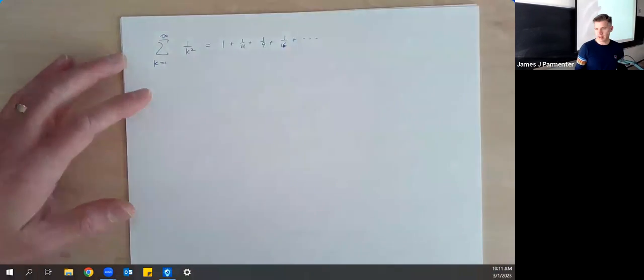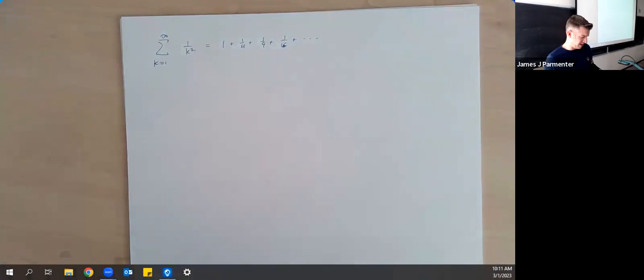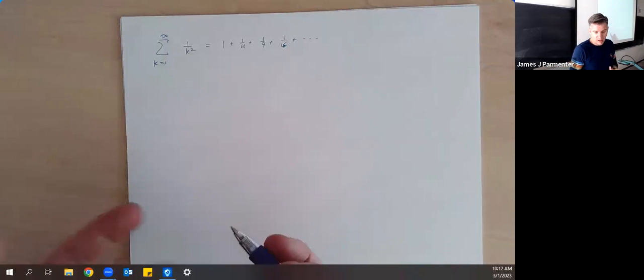I think it adds up to pi squared over 6. You don't need to know that, but it does converge to pi squared over 6. We know it converges because it's a p series with p greater than 1, but let's actually see why.